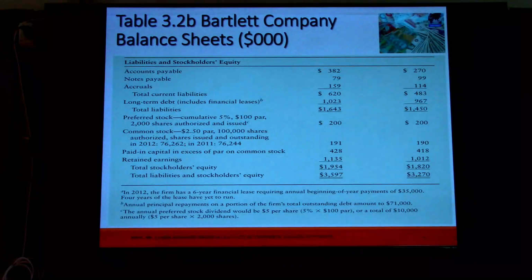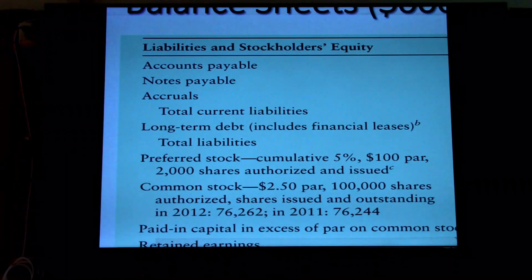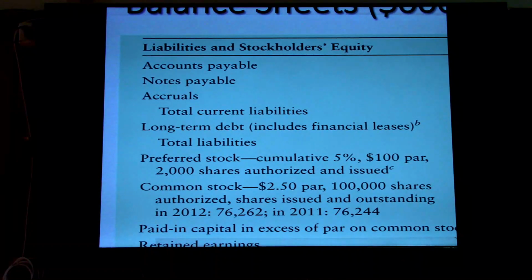So let us start with the right-hand side of the balance sheet, which reflects both total liability and owner equity. Total liability can be divided into current liability, sometimes called short-term liability, when the maturity of the liability is less than 1 year.